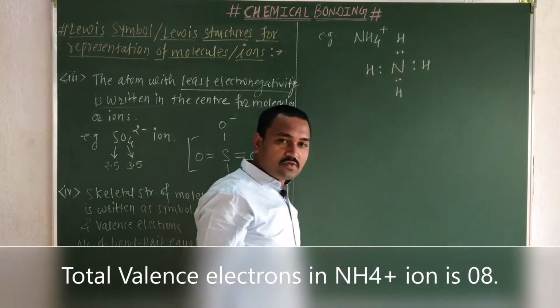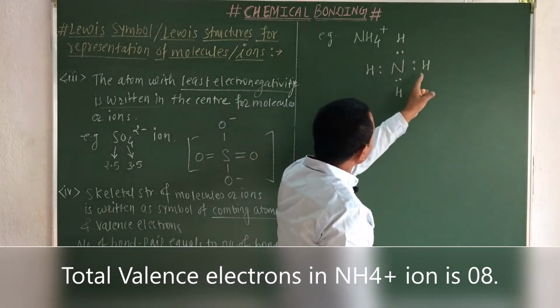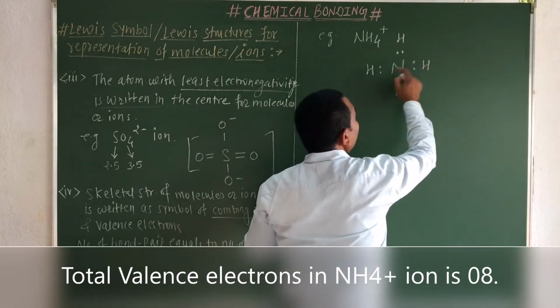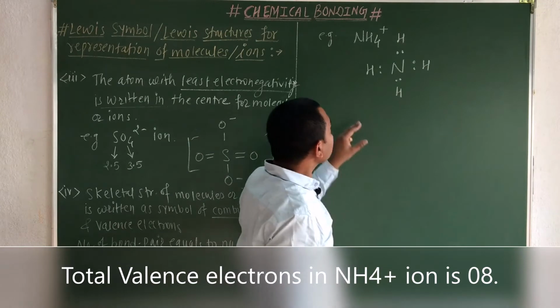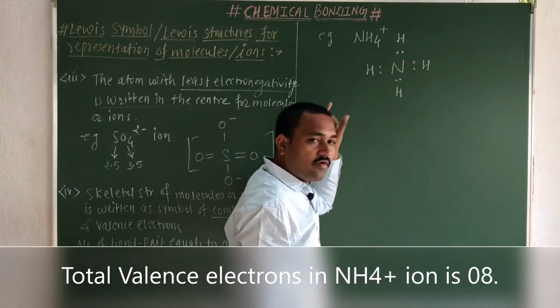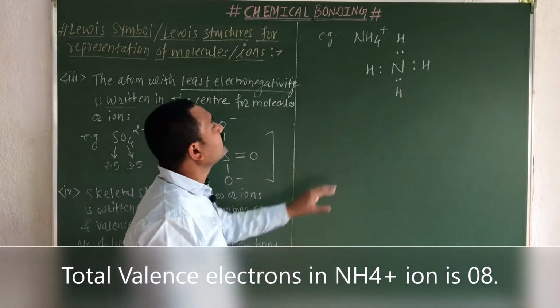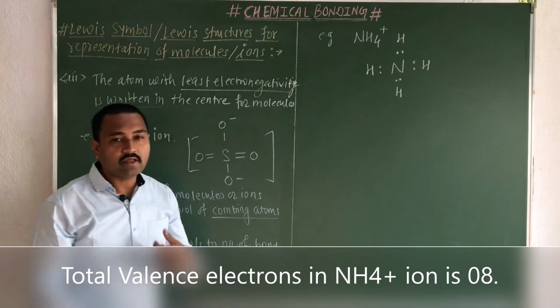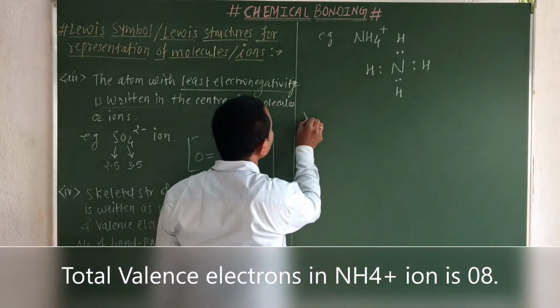Now these valence electrons that I have shown here are nothing but the bonding pairs. So this is the skeletal structure of your Lewis symbol for molecules or the ions along with its bonding pairs. Now let's go to the next point, number 5, which is very important.